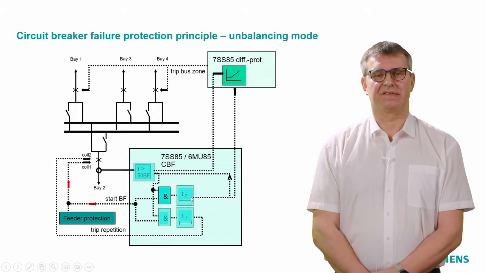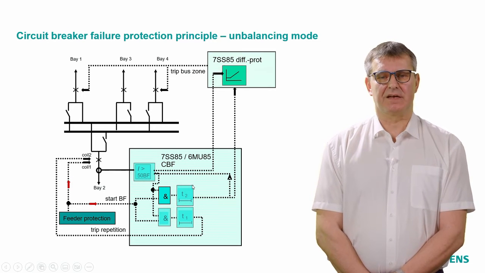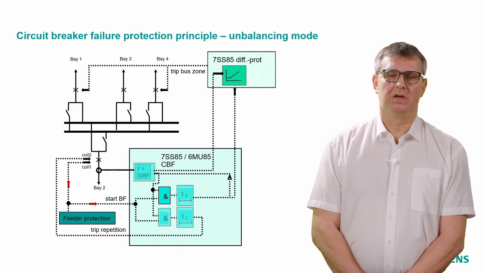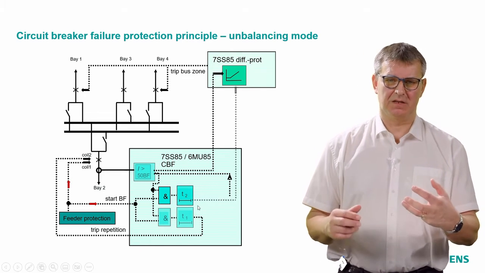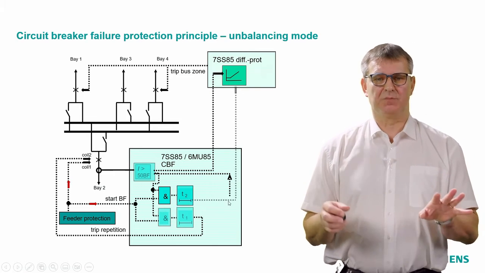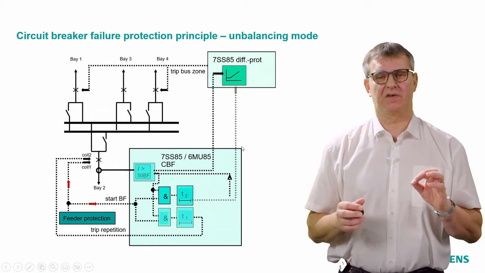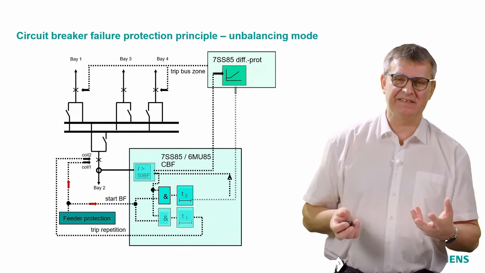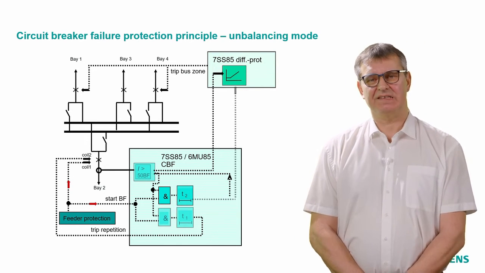If this doesn't help, we wait until delay time T2, whether the current will drop now. If nothing helps, once again, up to now everything is the same, with the same function for all the SIPROTEC 5 devices. And now the enhancements of the circuit breaker failure protection for the busbar protection start.